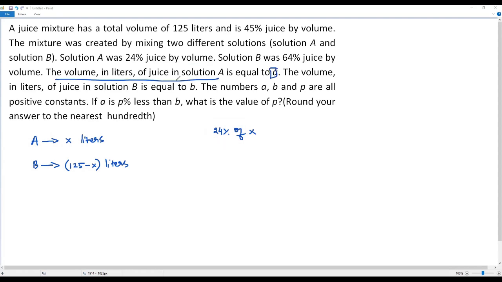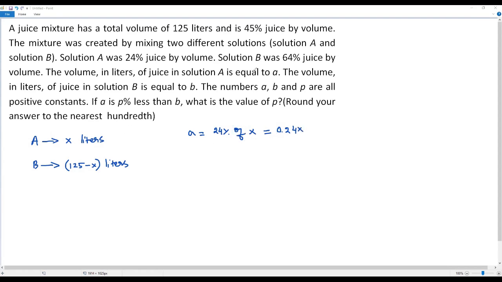So we have a equals 24% of X, and we can simplify. We convert 24% to a decimal, 0.24, and when we have "of" in math, it can be considered multiplication, that is 0.24 times X.